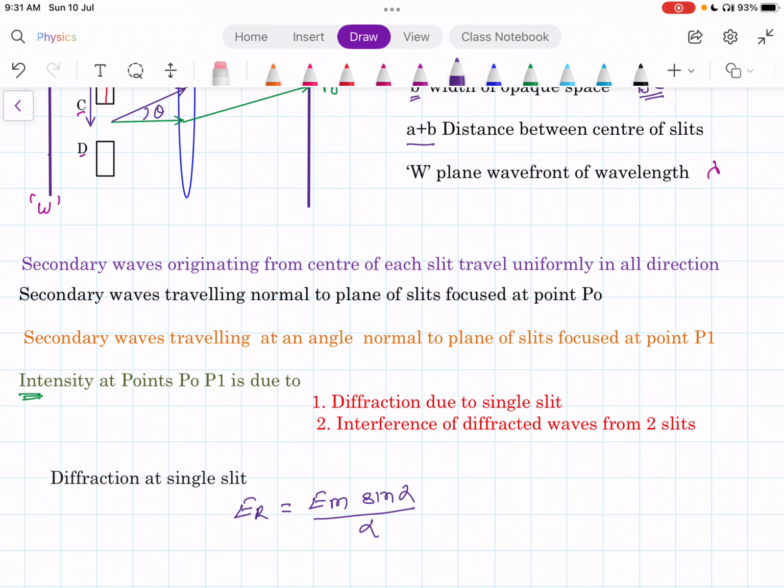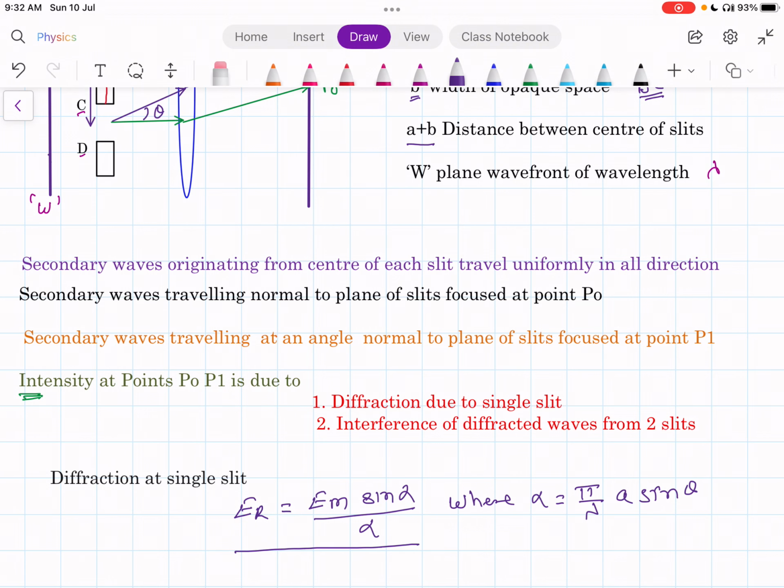This is the resultant electric field because of diffraction from the single slit. In this case, alpha is equal to pi by lambda a sin theta, where a is the width of the slit. Now we know that because of Fraunhofer diffraction at a single slit, we get this equation.